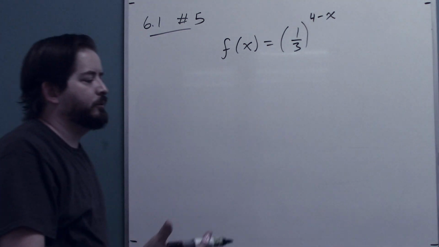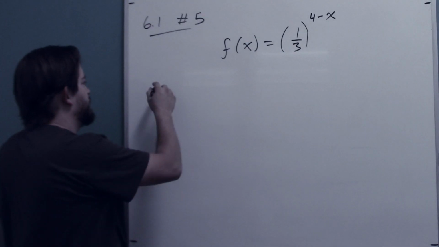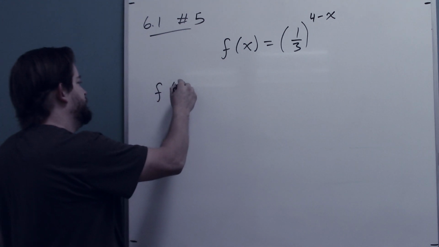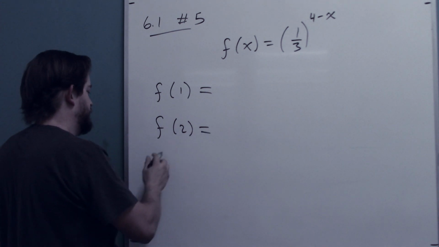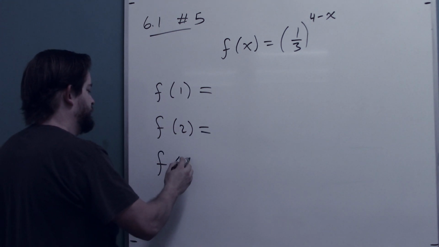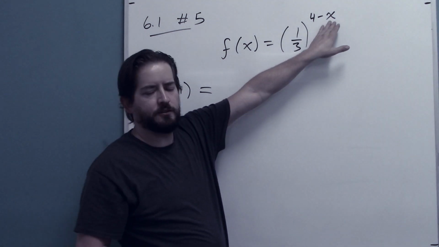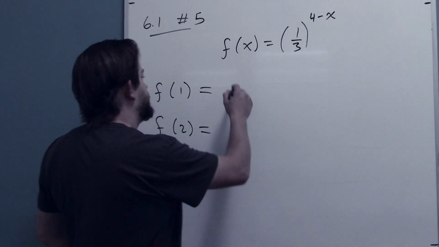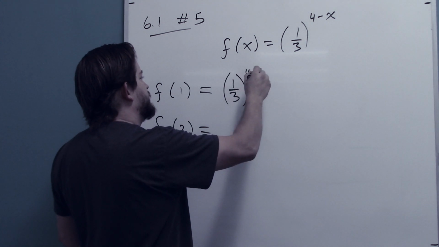And we're asked to do a couple of evaluations here, f of 1, f of 2, and f of 4. So f of 1 is taking 1 and replacing the x in the function with 1, so this would be 1/3 raised to the power of 4 minus 1.